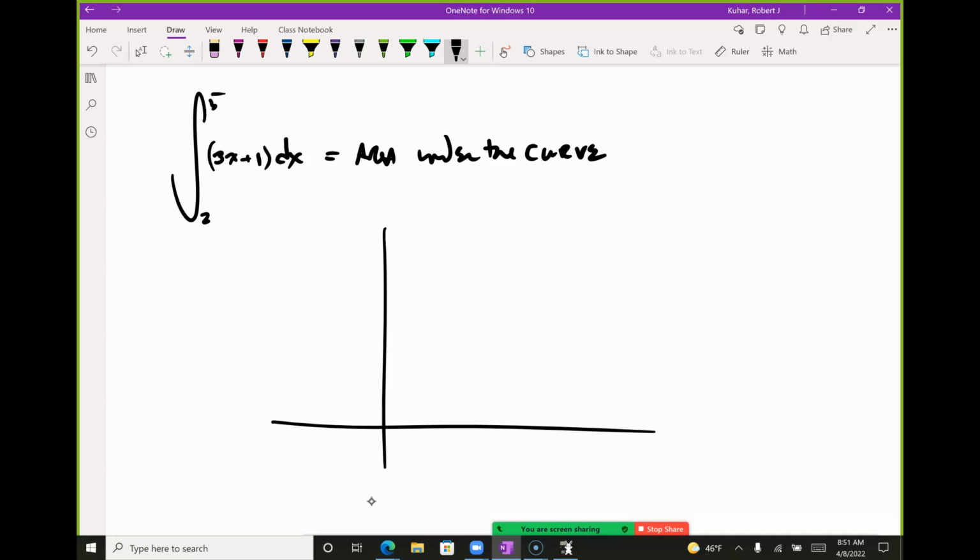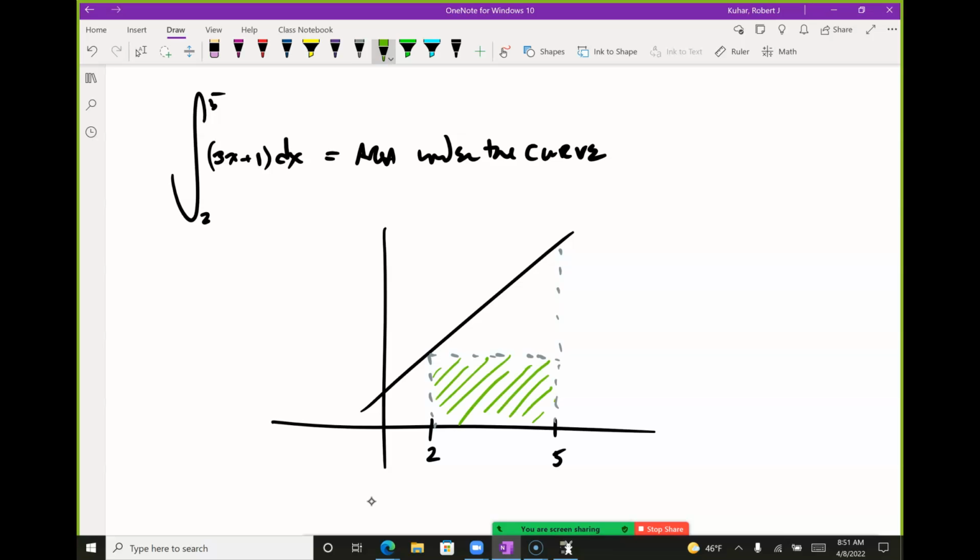So here's my 3x plus 1 from 2 to 5, and you can see I'm getting an area underneath my curve that's split into two pieces. I've got the area of a rectangle and the area of a triangle. So this is going to be equal to the area of the rectangle plus the area of the triangle.